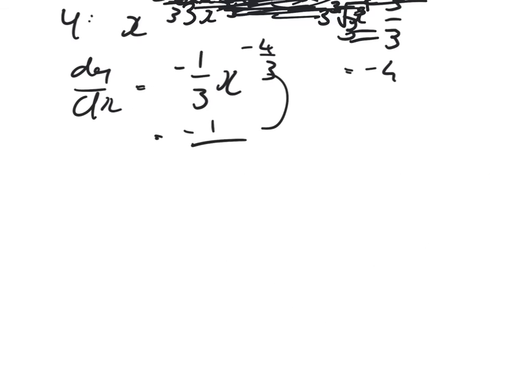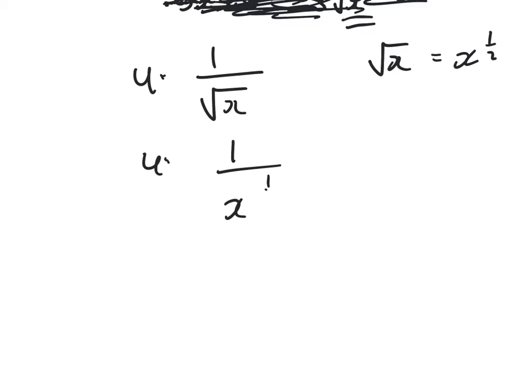We'll then bring that back down, make it positive, so that'll be minus 1 over 3x to the positive 4 over 3. I can now introduce the root symbol, so that will be minus 1 over 3 lots of the cube root of x brought to the power 4.